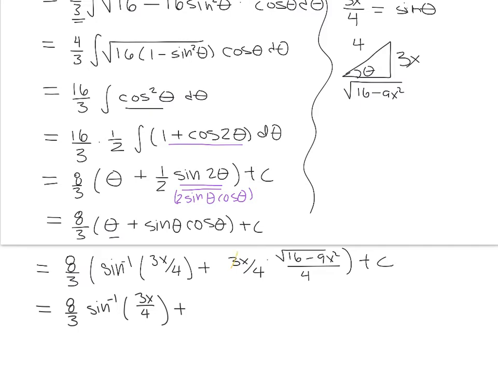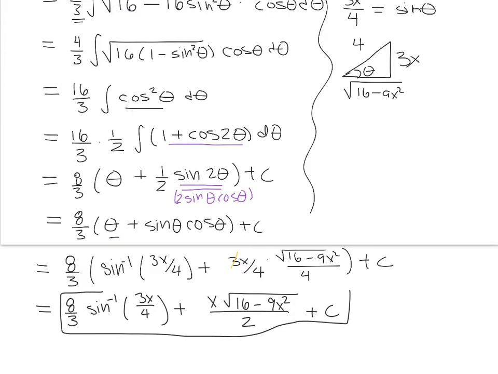This 8 will cancel with one of those 4s, so that's 8 over 16, so it'll just be a 2 in the denominator. So plus x root 16 minus 9x squared over 2 plus c. So there is your antiderivative. Wowza.